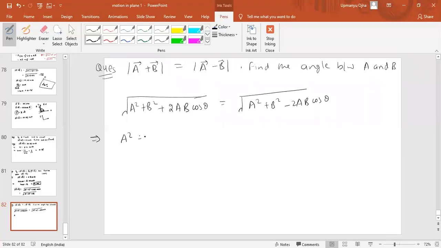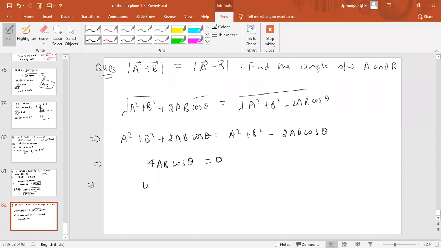A square plus B square plus 2AB cos theta should be equal to A square plus B square minus 2AB cos theta. A square cancels out, B square cancels out. If you take this here, it becomes 4AB cos theta equal to 0.